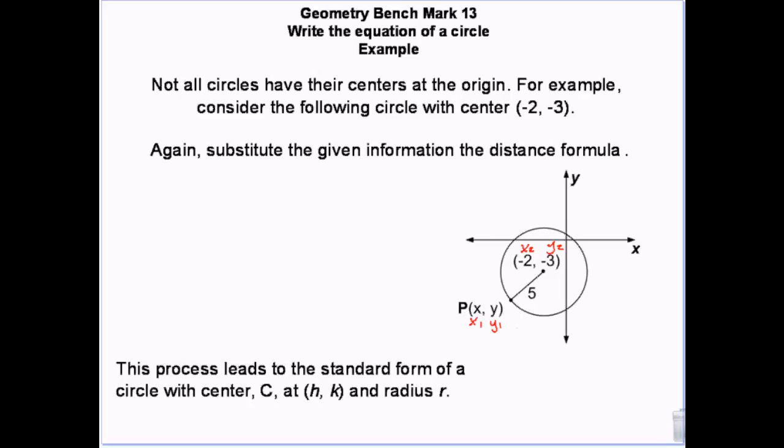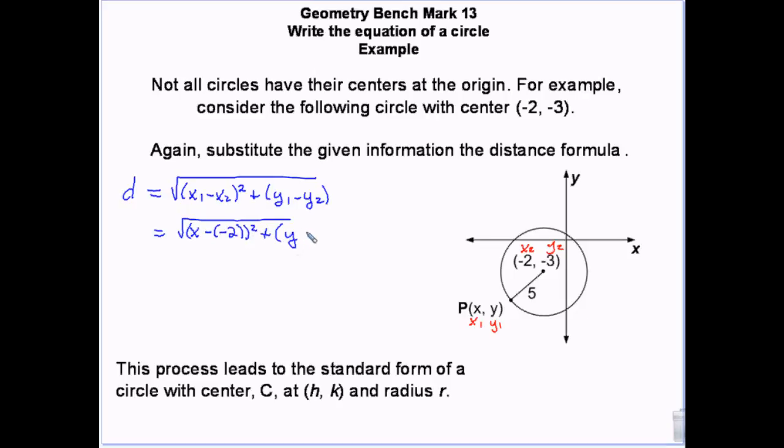So if I plug this into the distance formula, I'm going to rewrite it because you guys need to learn it. x1 is x, and x2 is -2, and y1 is y, and y2 is -3, and my distance is 5.